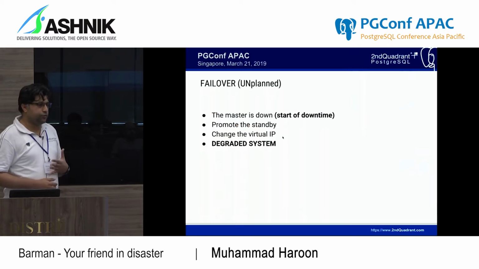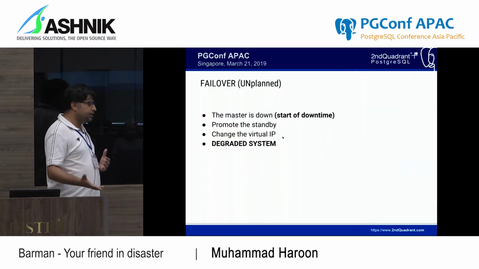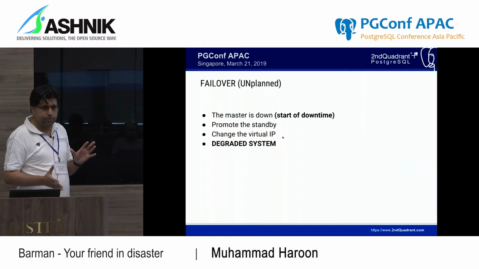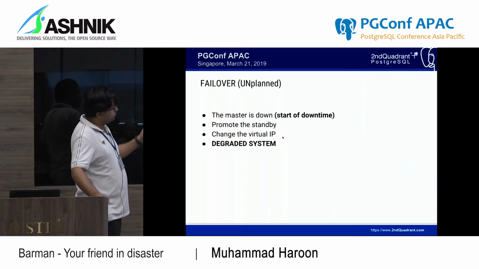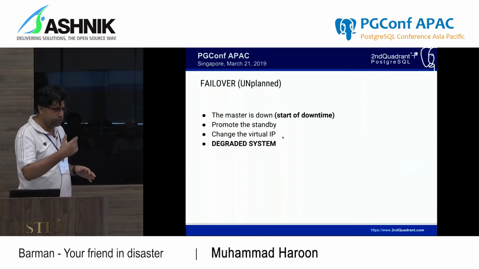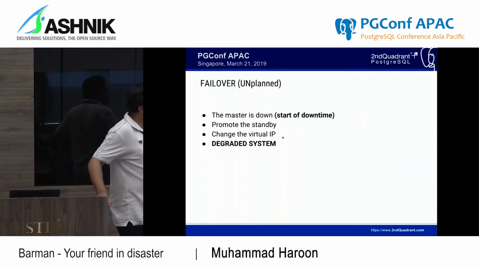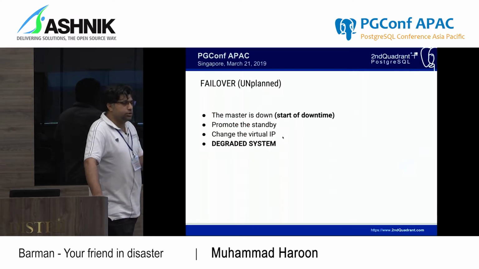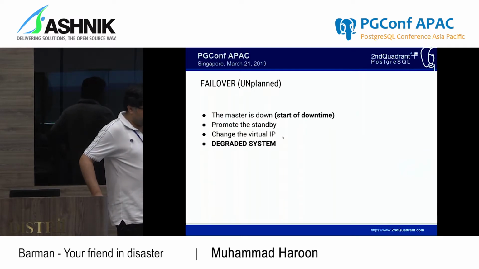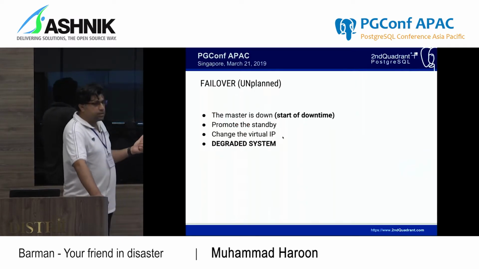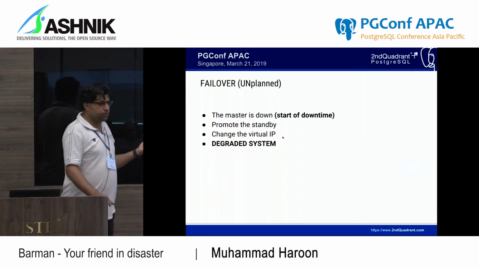In case a failover were to happen, which is unplanned, the sequence of events would look something like this: your master goes down, which is the start of your downtime. You promote your standby, you change the virtual IP or whatever other mechanism you have in place. But now in this case, you have lost one of the servers.